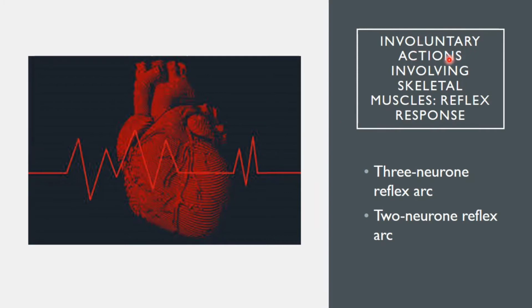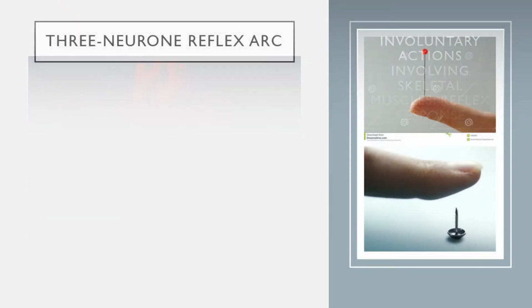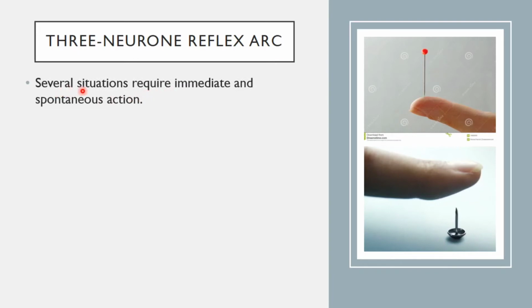Involuntary actions involving skeletal muscles, which is reflex response, consist of the 3 neuron reflex arc and the 2 neuron reflex arc. Now let's take a look at the 3 neuron reflex arc. Several situations require immediate and spontaneous action.